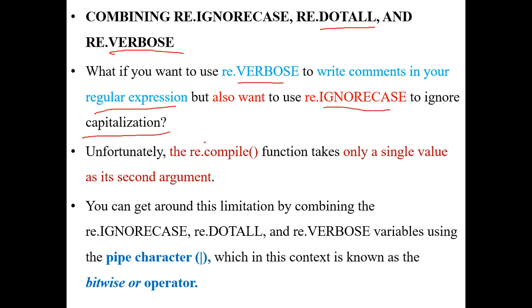In that case, when we want to include more than one method in the second parameter, we use a pipe character. The pipe character allows us to use more than one method in the second parameter for compile. The pipe character is also known as the bitwise OR operator.